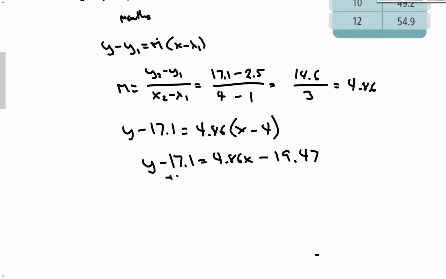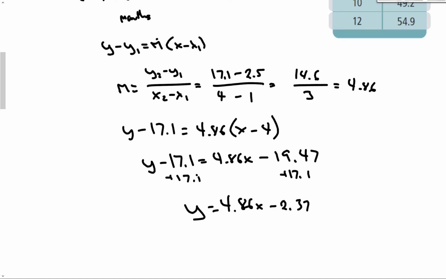Okay. Add 17.1 to both sides. And I get y is equal to 4.86x plus 17.1 gives me minus 2.37. Okay.